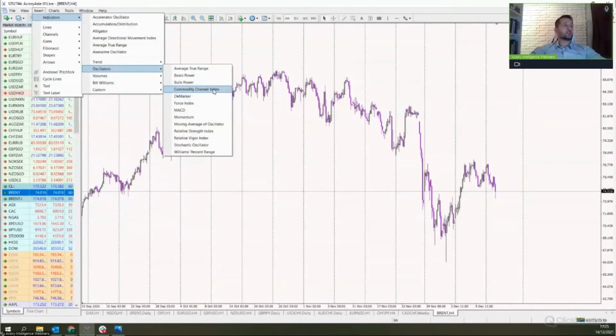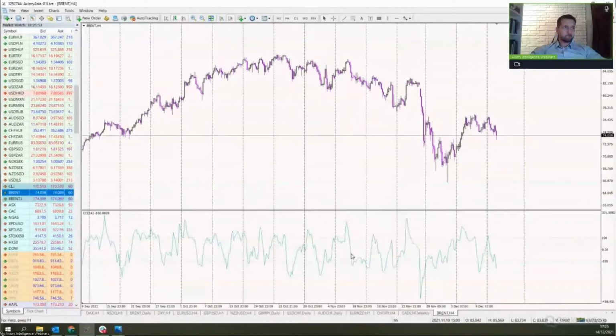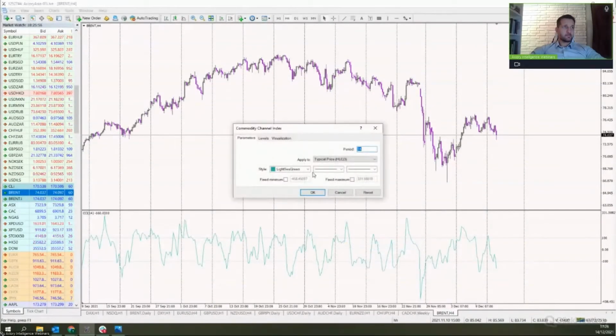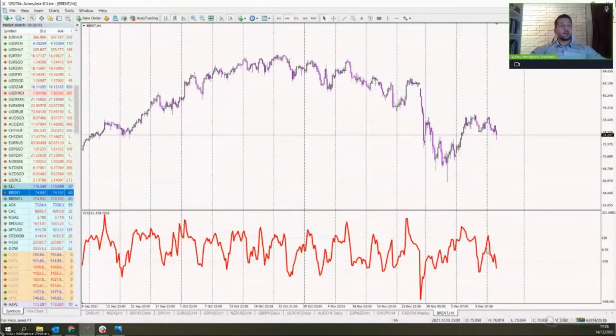That's another indicator, a very popular one. CCI is Commodity Channel Index, used mainly for commodities at the very beginning. And now it has different lines, minus 100 and plus 100. But you trade it similar to RSI.